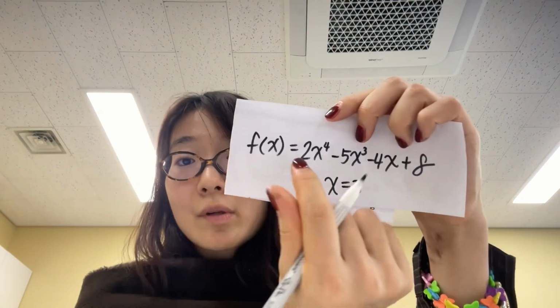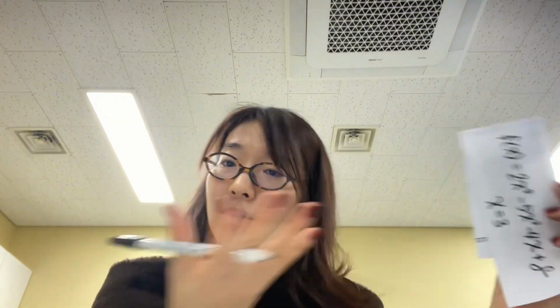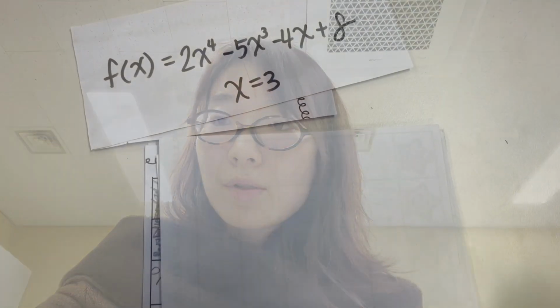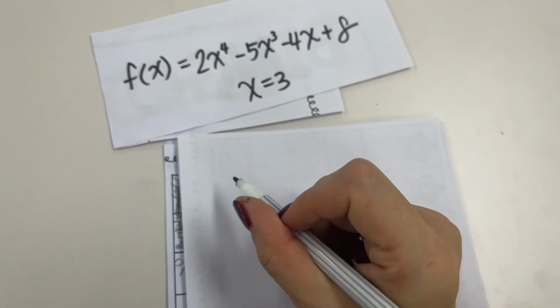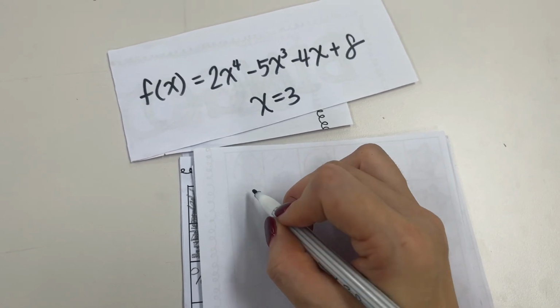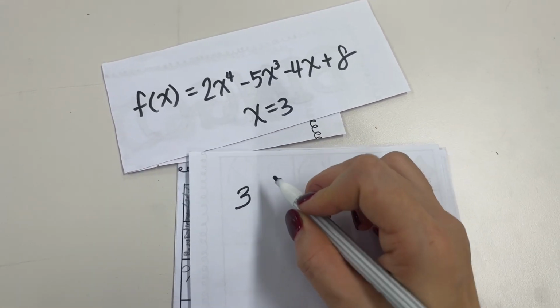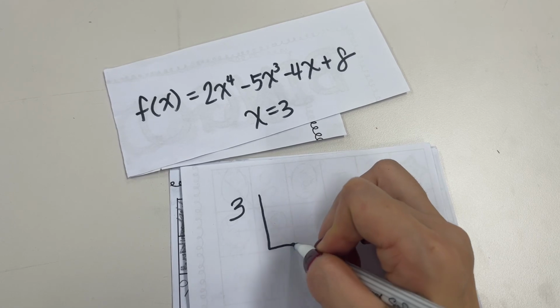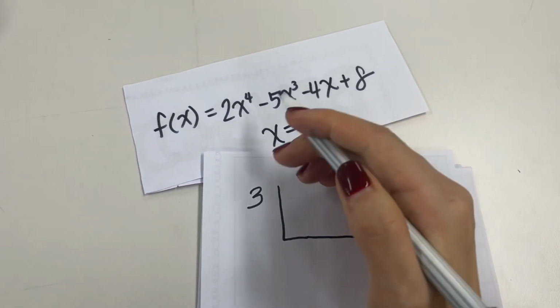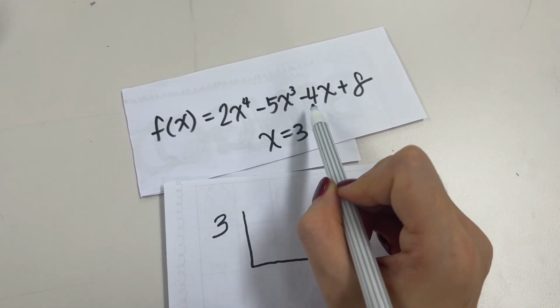With our degree being 4, leading coefficient being 2, and our constant being 8. Okay, so if I were to use direct substitution and let's say x equals 3, what we do is we would literally replace x with 3, right? And just find the value. But using synthetic substitution, I'm going to turn my camera around. With synthetic substitution, I first put my x value right there, and then I write all of my coefficients.